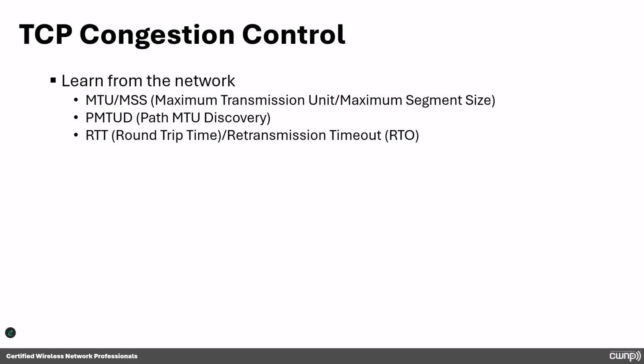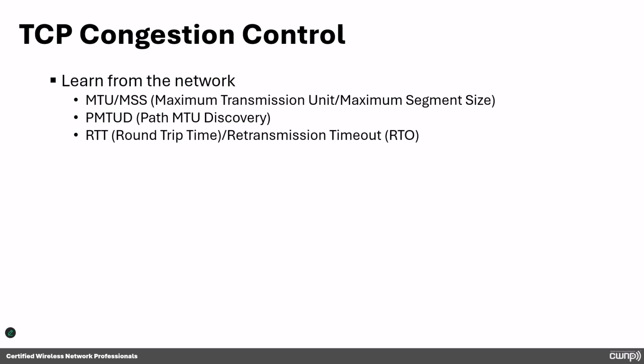So for example, I just mentioned the acknowledgement getting back to me is what is the final result or time period for the round trip time. So the question is, what am I going to use that for? And how am I going to decide when to retransmit if I don't get an acknowledgement? That's where the retransmission timeout comes into play.